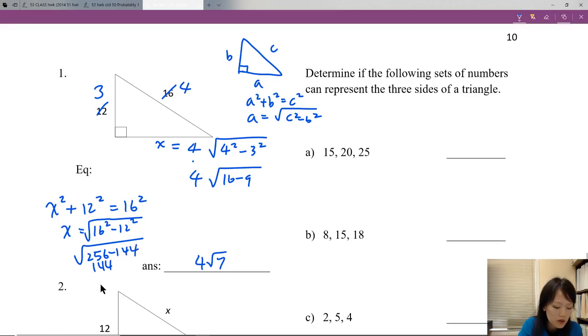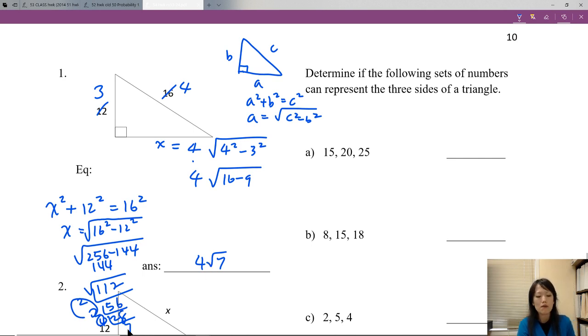So you end up with root 112. And then you have to reduce that. 56, 28, and there's another 4 in there. So 4 and 4 come out. Two 4s come out of the root, 7 stays inside. But it's more work because you have to simplify that square root. So if you can reduce that first, I would reduce it first.